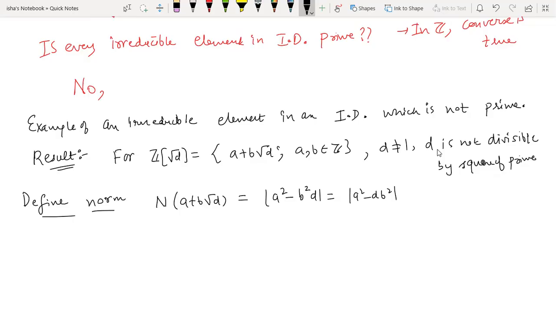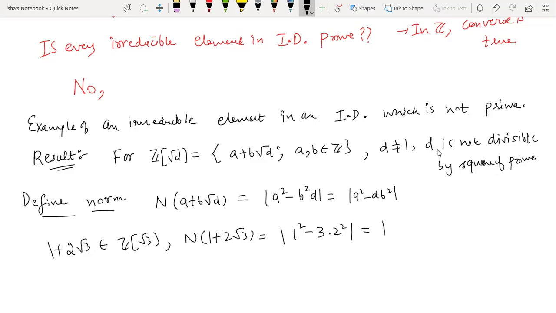So if you are given any number, like 1 plus 2 root 3, this belongs to Z root 3. So the norm of 1 plus 2 root 3 is going to be 1 square minus D, which is 3, times 2 square. So this is 1 minus 12, so this is minus 11. Modulus you have to take, so that is 11.